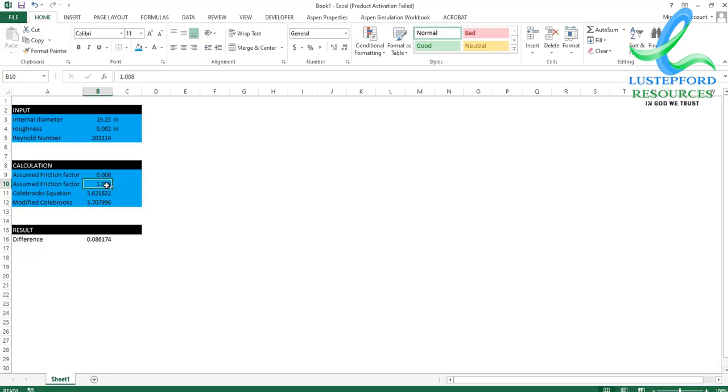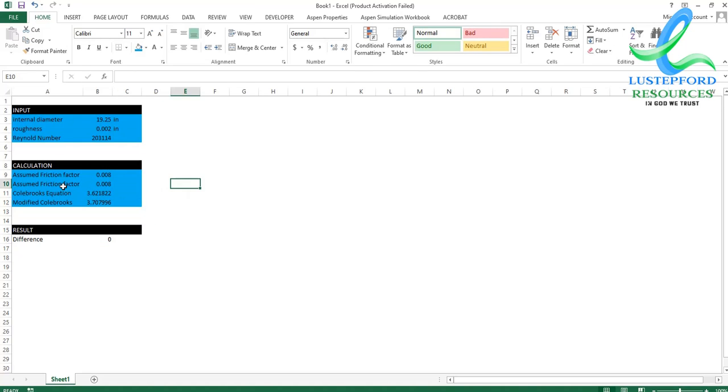So change this to 0. This one should be for the modified. So the difference here now will be equal to this minus this.